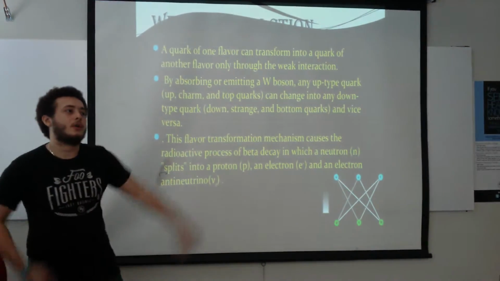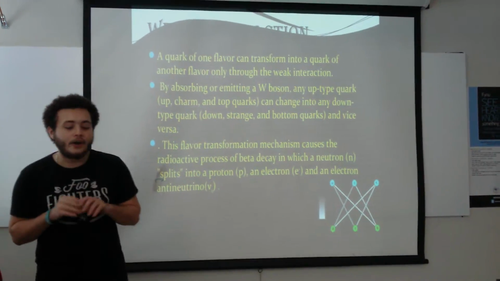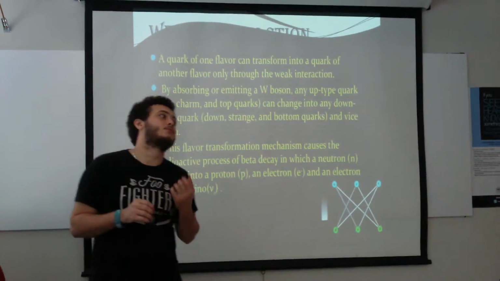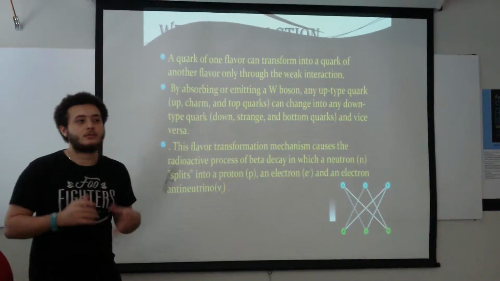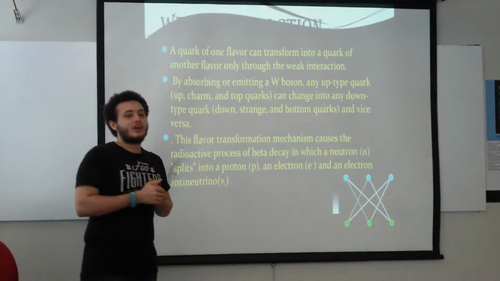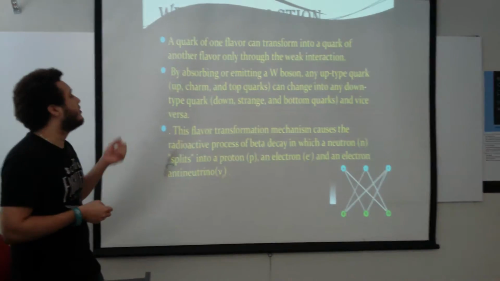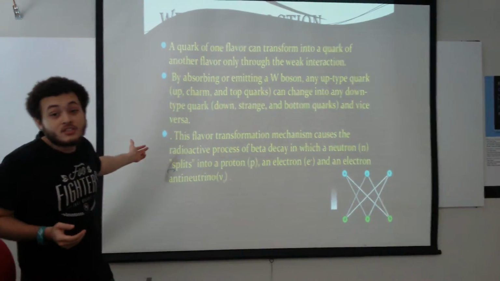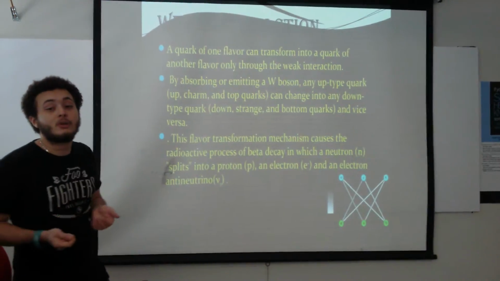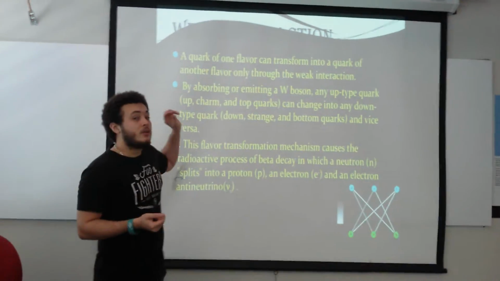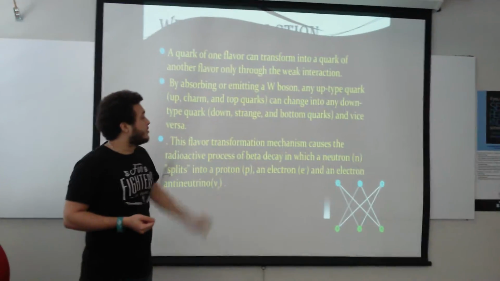We have the weak interaction, which tells us that an up quark can be transformed into a down quark. This is very complicated: how does it change from one type of quark to another? By absorbing or emitting W bosons.